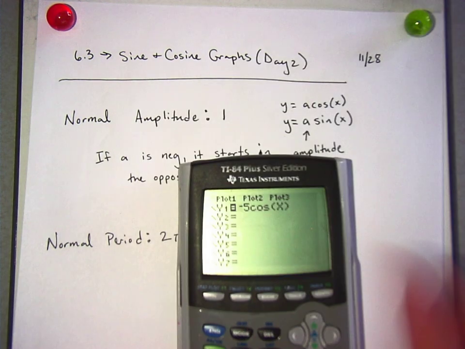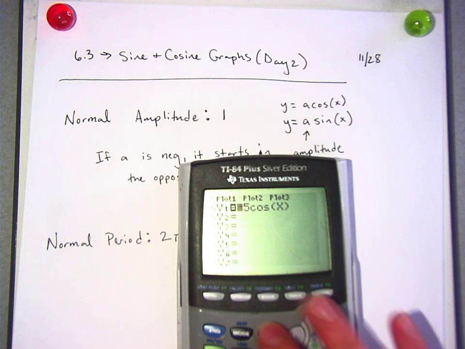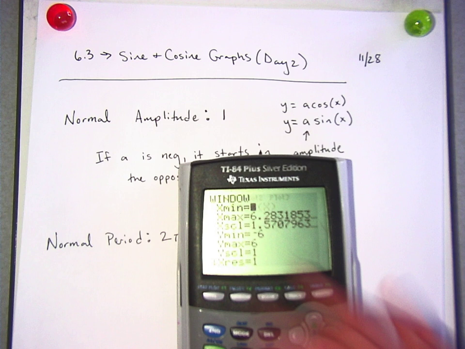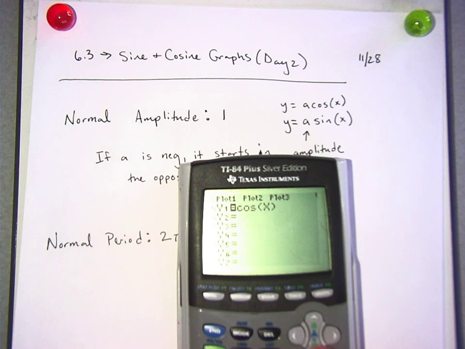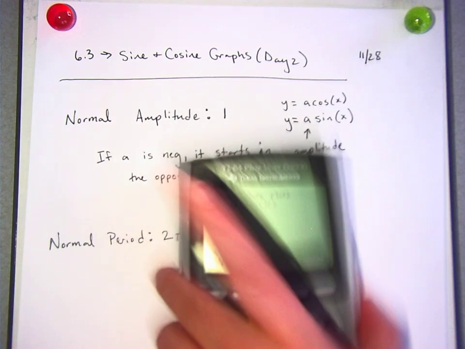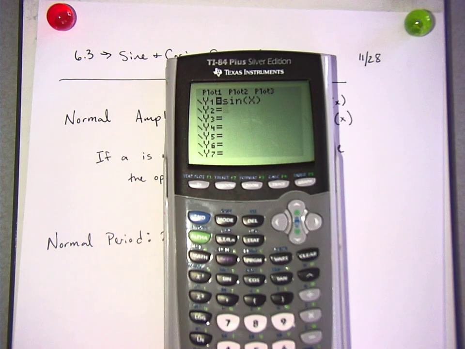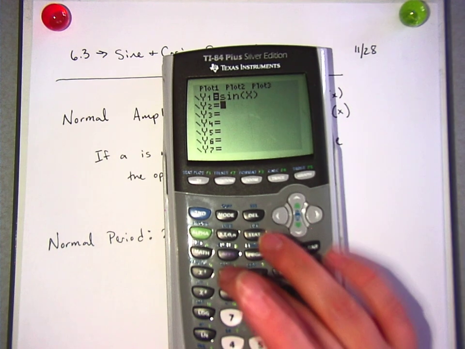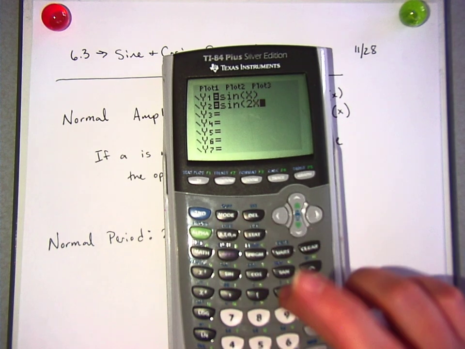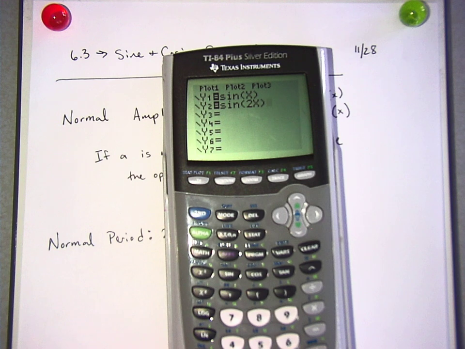So everybody type out with me sine of x. What did I have my window at? Was it -1.5 and 1.5 for you guys? Okay. All right, so y equals, make it sine of x. And this time, I want you to change it to sine of 2x. Put the 2x in the parentheses.